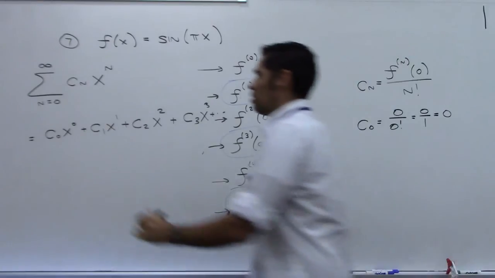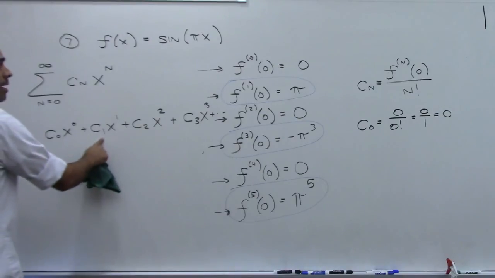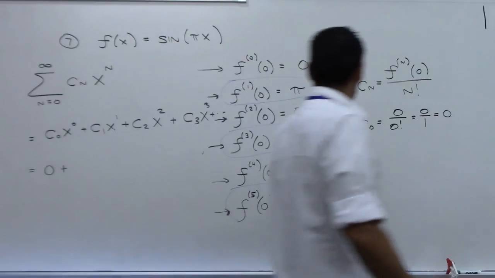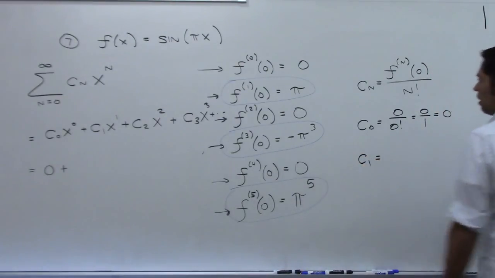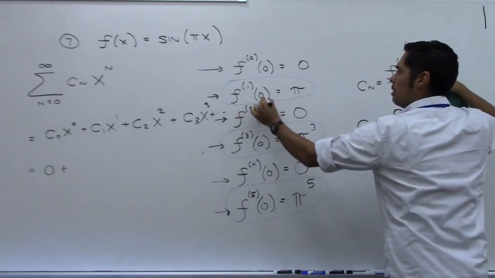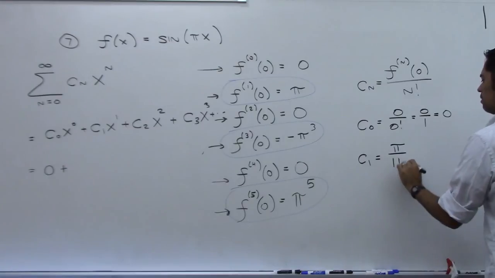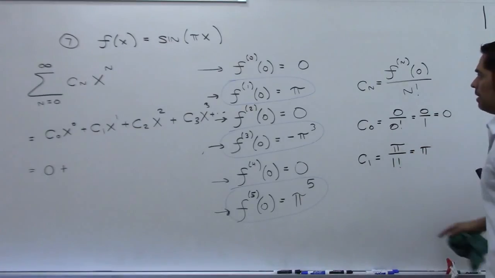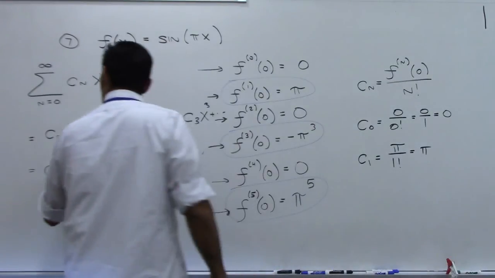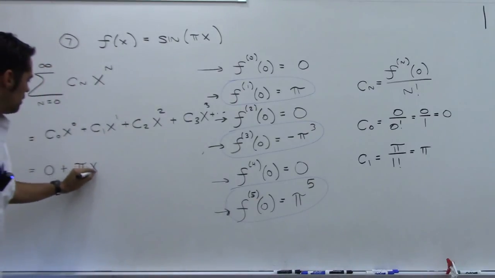So my first term is 0 times x to the 0. That's just 0. Plus, c sub 1 is the first derivative at 0, which is pi, over 1 factorial, which is just pi. And it's positive. So pi, and then x to the first power.